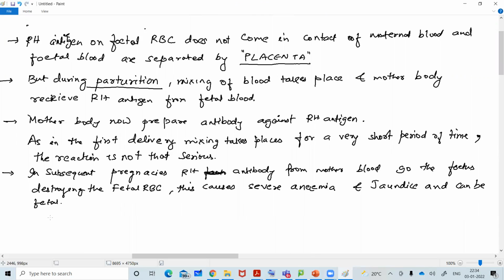This condition is called erythroblastosis fetalis. That's the term given.